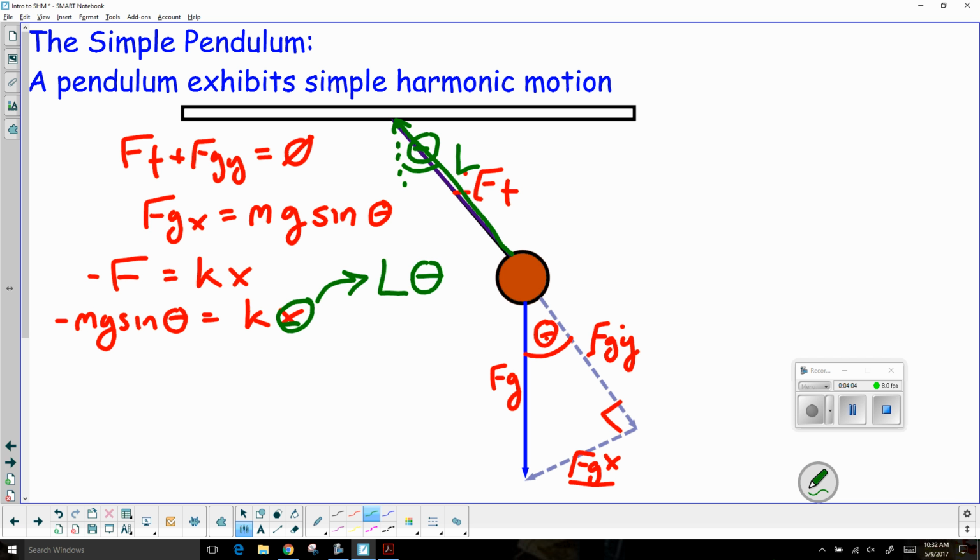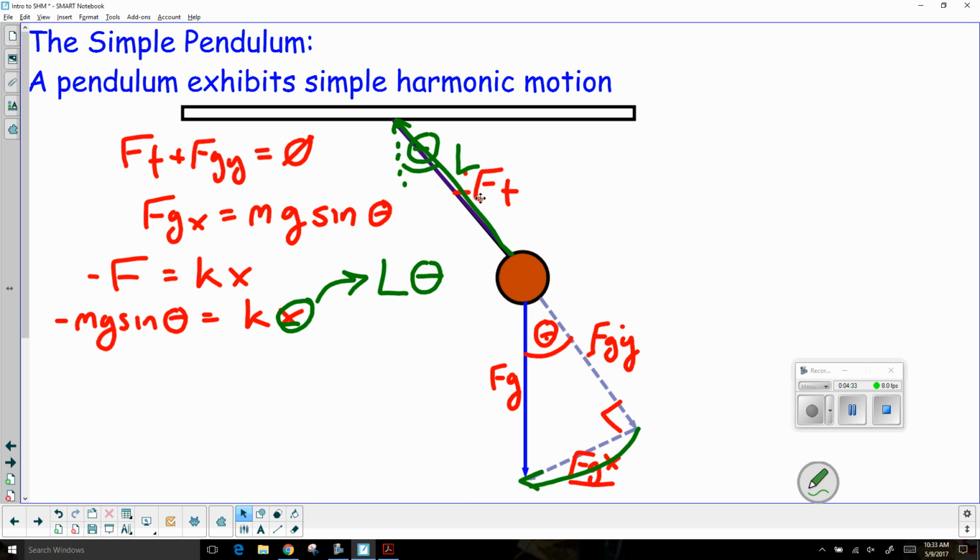That's because, remember, the pendulum travels in a circle, and every single time this swings, the length of the pendulum relative to the ground gets closer and closer, so it looks like the length of the pendulum gets longer and longer. So we are going to make the x value the length of the pendulum times the angle.